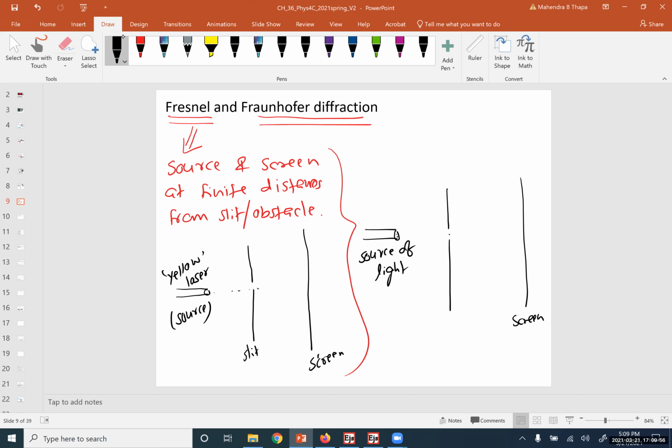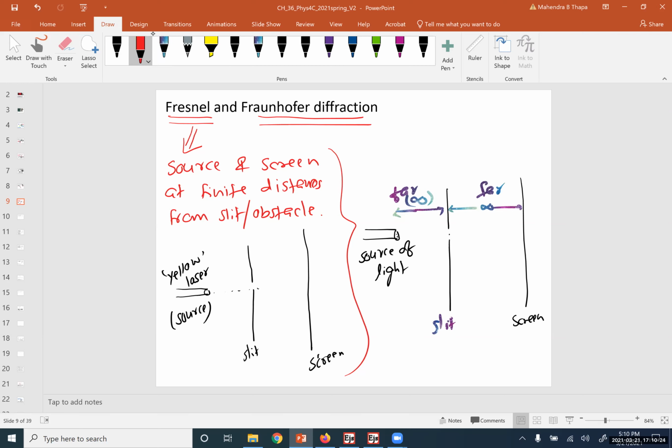We are assuming that the distance between the source and the slit is very far away, and we can assume it as infinite. Similarly, the distance between the slit and the screen is also very far away, and we can consider it as infinite.